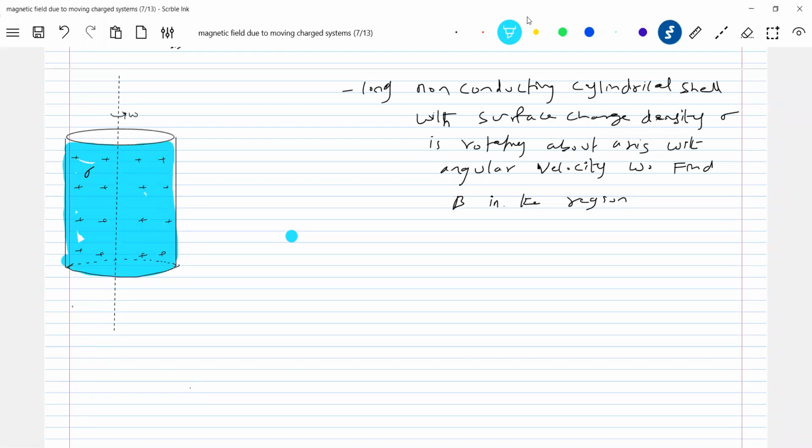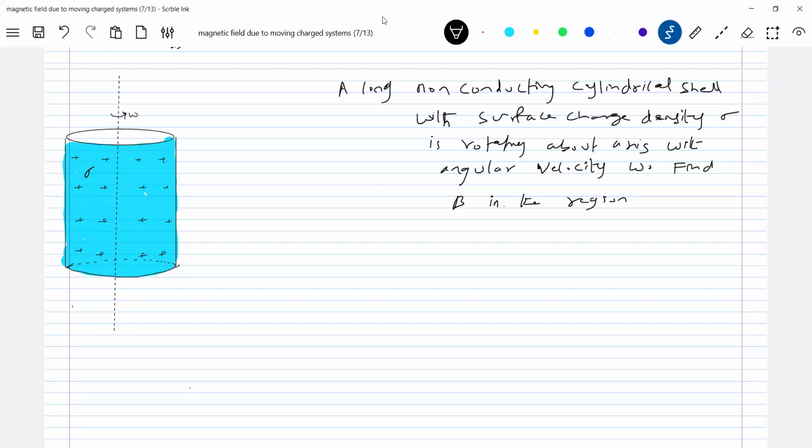Don't make any guess. Try to show that mathematically. Try to work out with Ampere's circuital law only. Don't go for Biot-Savart law. Nowhere is it helpful. You have to say goodbye to Biot-Savart law.